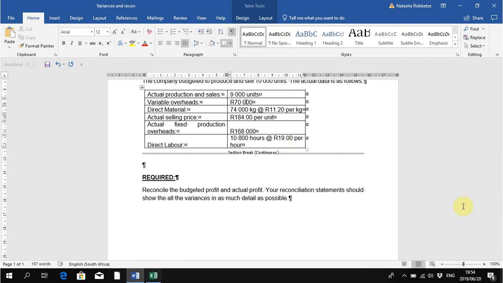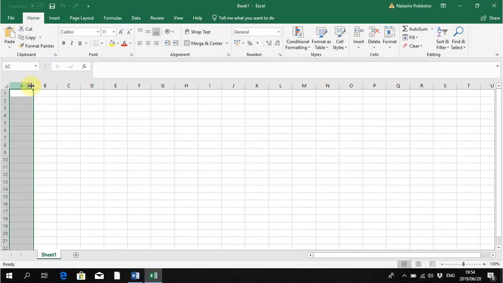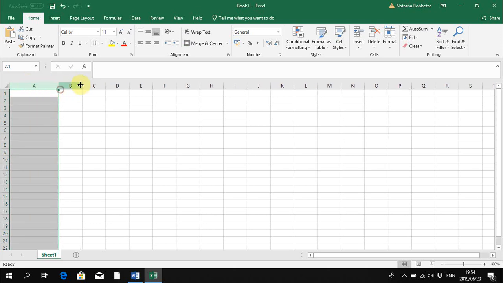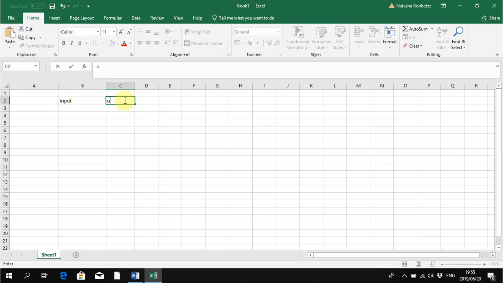All right, so where I would start in this question is that it is not given in the traditional format. So I need to sort out the information for myself in a way that I can understand. So here I will start by saying, all right, I have my type of input like material, etc. Then we have our input amounts and we have our unit values.